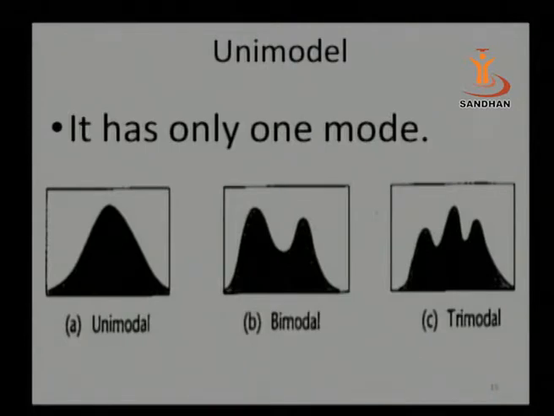So in the case of normal distribution, the curve has only one peak point, meaning only one mode. And in the non-normal condition, you may have bimodal as well as trimodal curves, meaning your curve may have two peak points and also three peak points in the case of non-normal data.